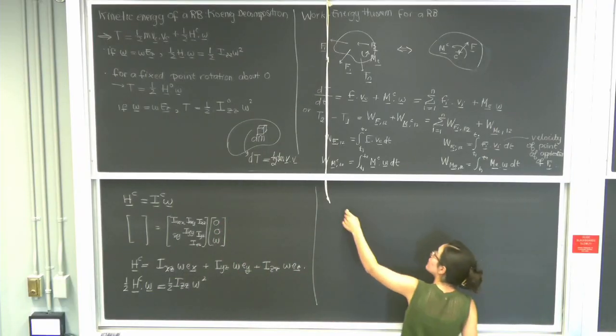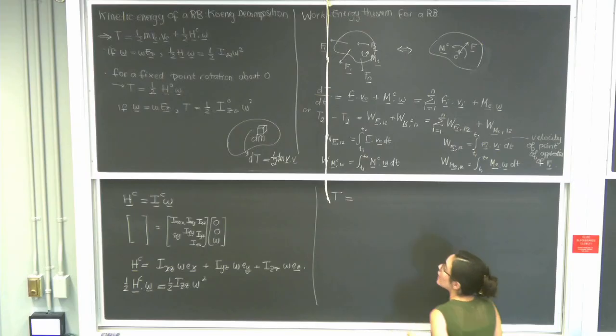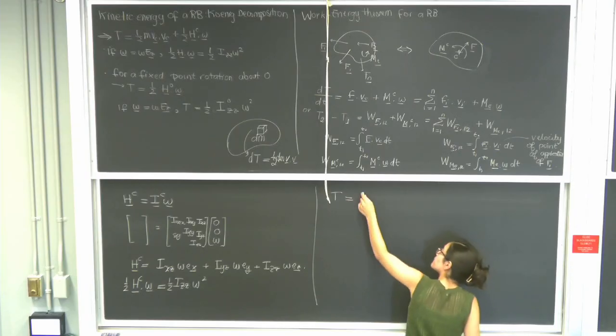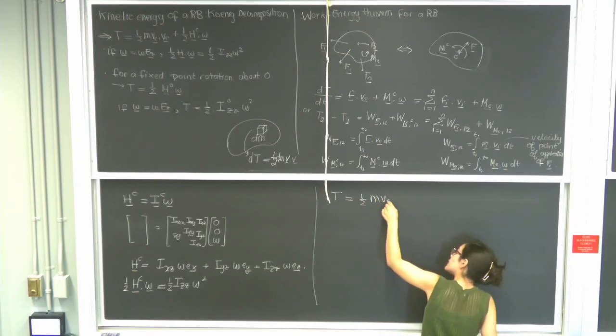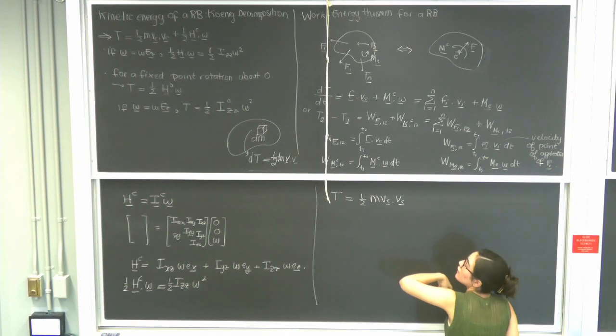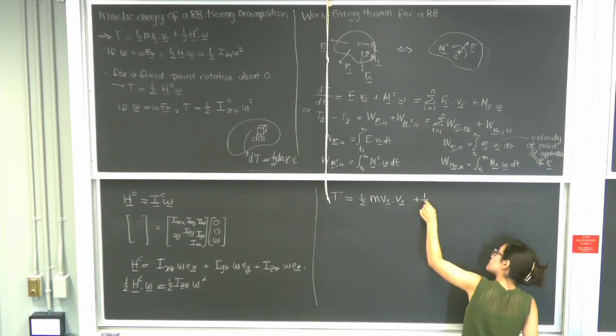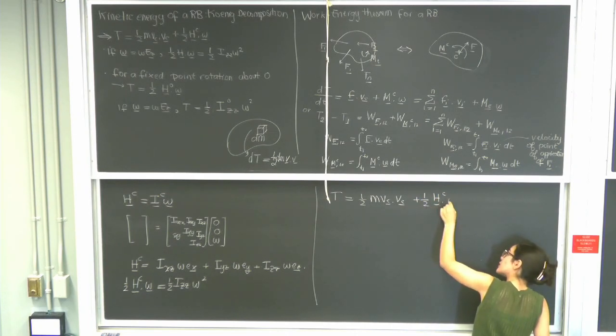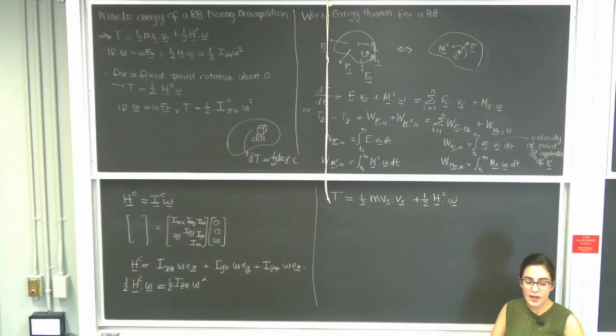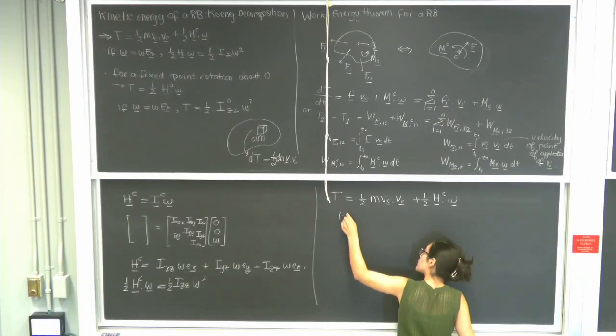I'll start with the initial expression, half m v_C dot v_C plus half H_C dot omega.